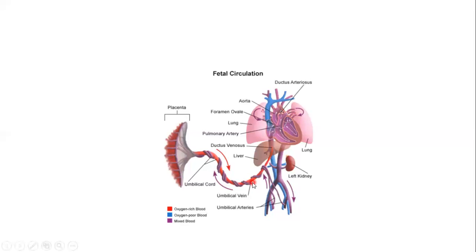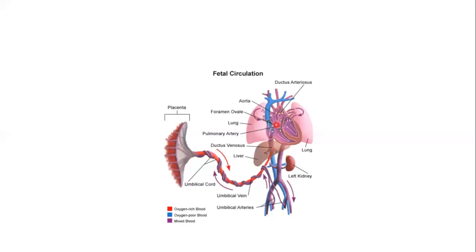The cord has been cut, so there's a difference in pressure. The left atrium has a higher pressure than the right atrium. So there is an opening here, a shunt, which we call the foramen ovale.